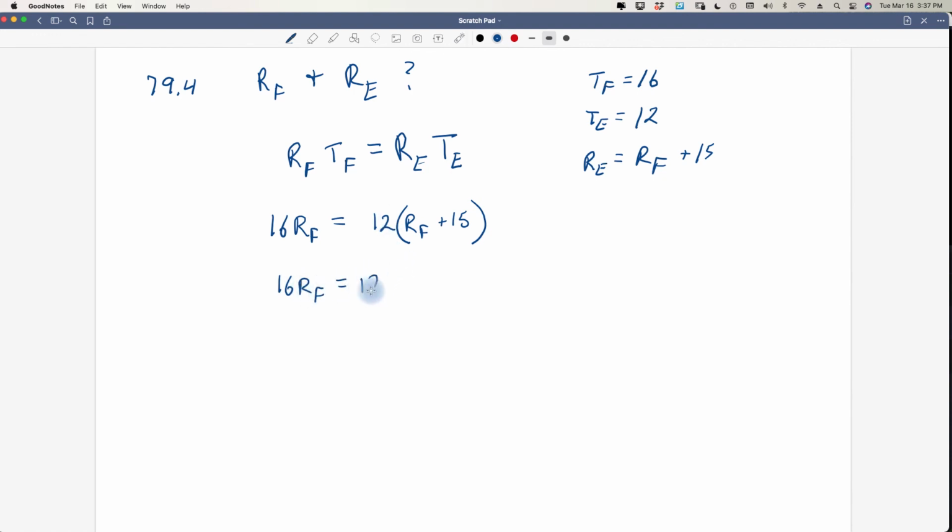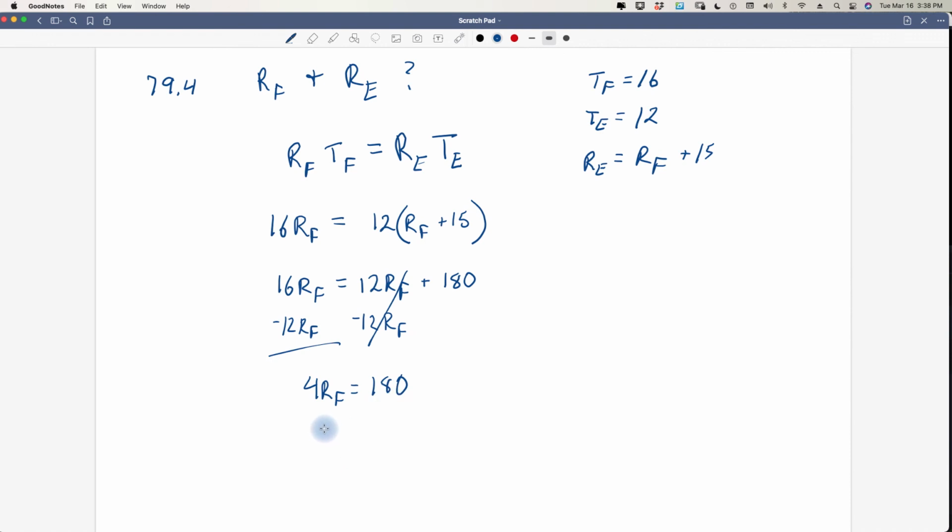So that's going to be 12 R sub F plus 180. I'm going to swim this fish over to the other side. That cancels. That becomes 4 R sub F equals 180.